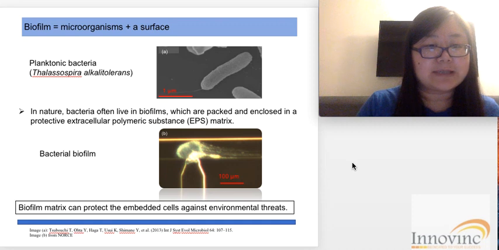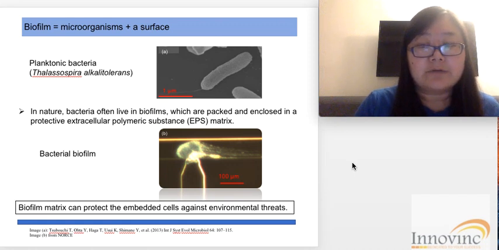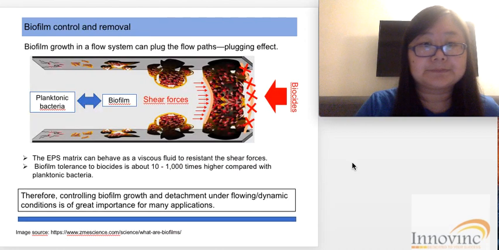The biofilm matrix can protect the embedded cells against environmental threats like flow-induced shear stress, temperature changes, or chemical toxins like biocide. So biofilm growth in flow systems can plug the flow path, creating a plugging effect, which will cause serious problems in medical and many industrial applications.